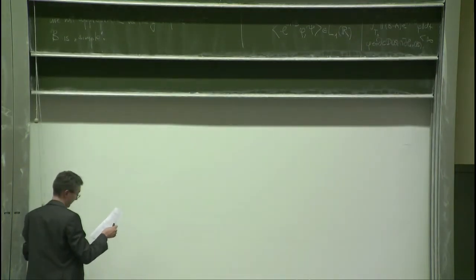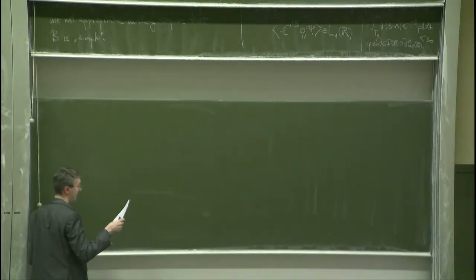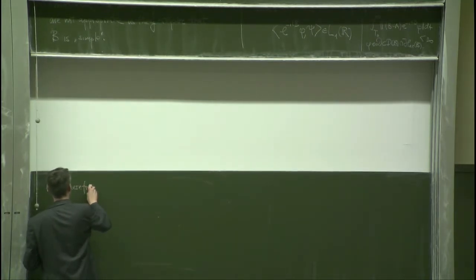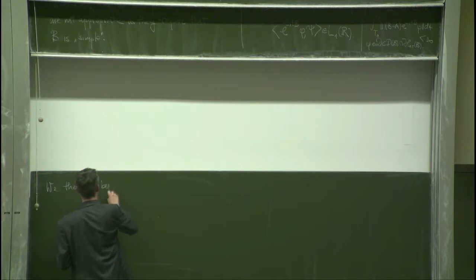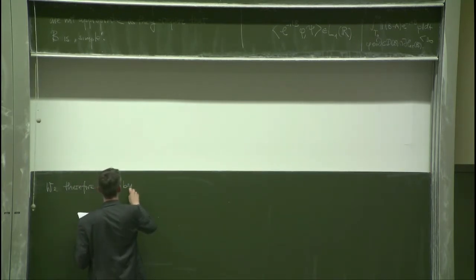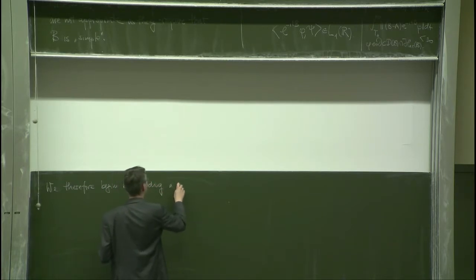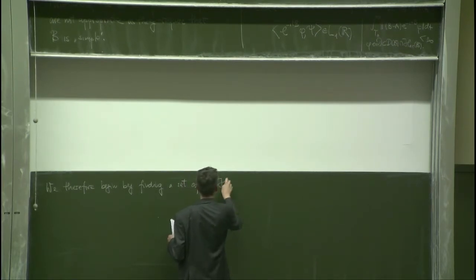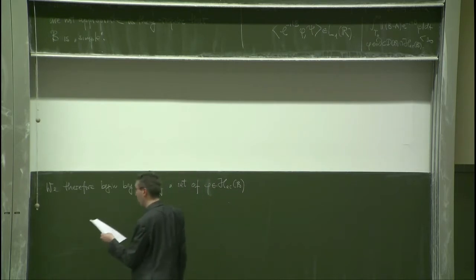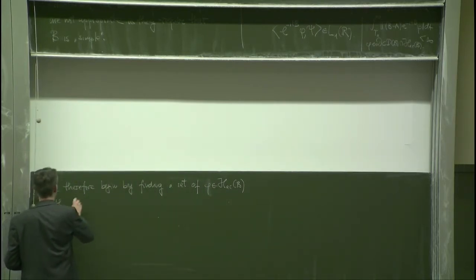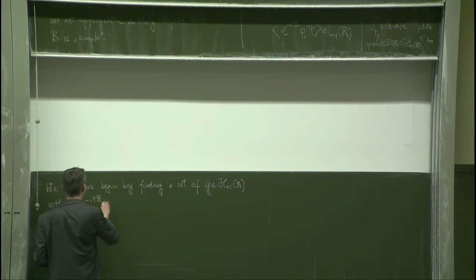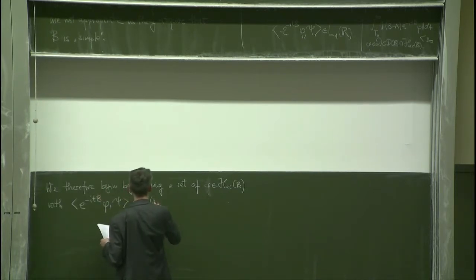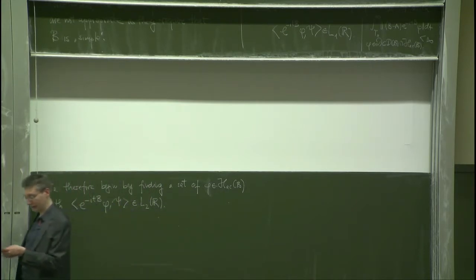We therefore begin by finding a set of functions phi in H_ac of B with the property that the scalar product of exponential minus ITB phi psi is in L2. Because this is easier.